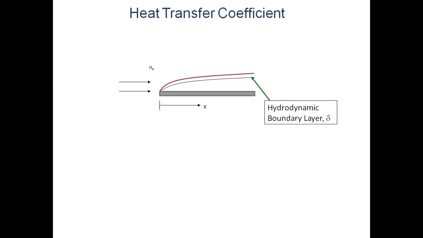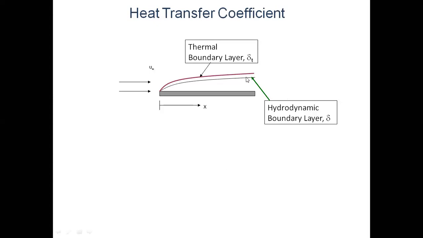So now let's go to the next. There is a boundary layer. This we have seen. Next, when there is a boundary layer, if there is a temperature difference between the surface and the bulk fluid, then there will be a thermal boundary layer. Temperature will vary from the surface of the plate inside.